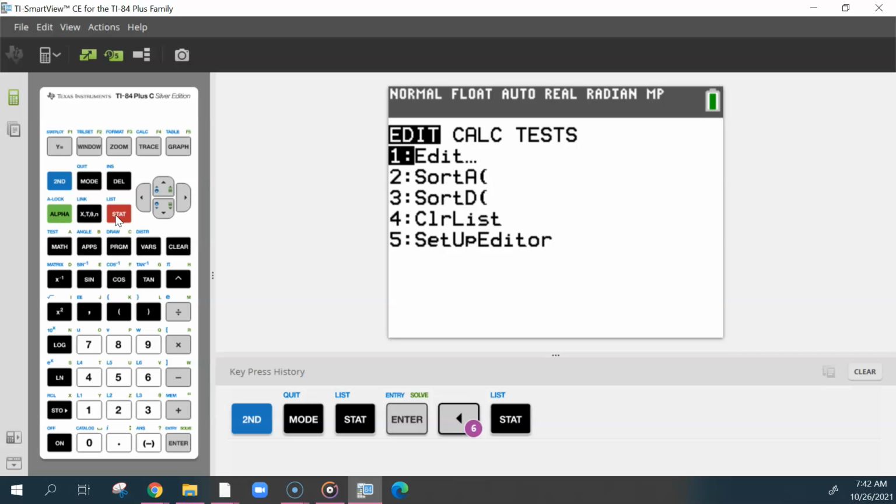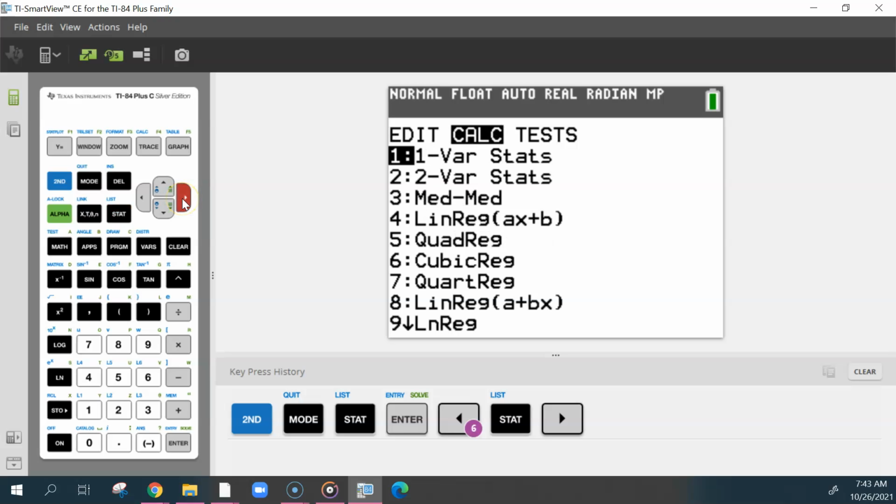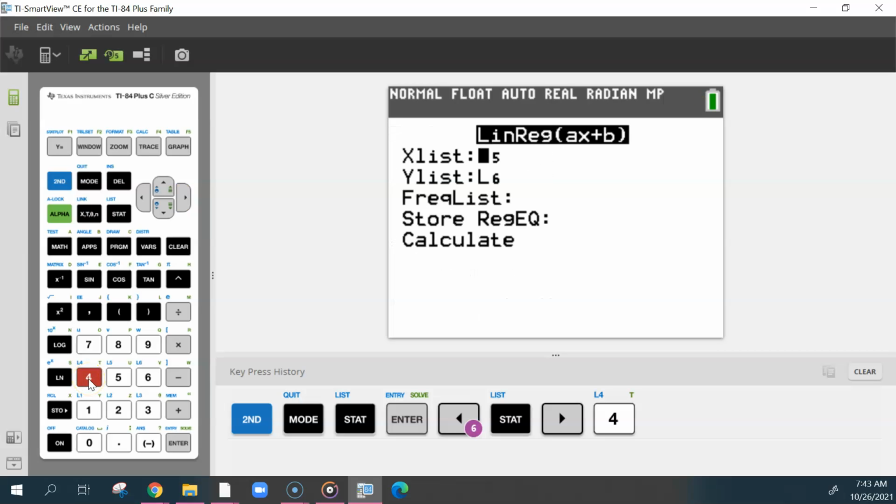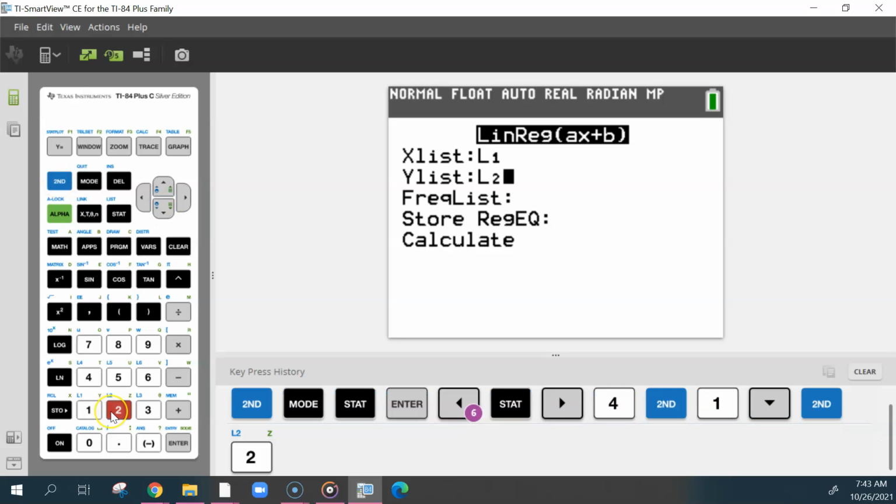Scroll over to calculate. Go down to number 4. Now, my lists are weird right now because I did a bunch of these. But if I do L1 and L2, yours should look similar.